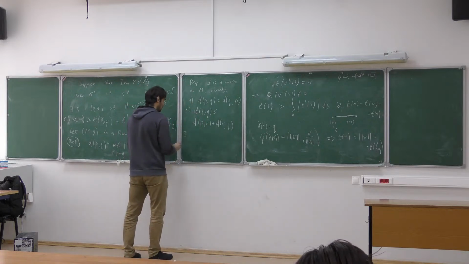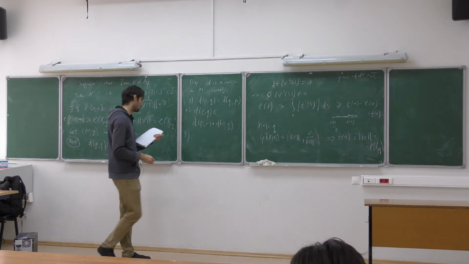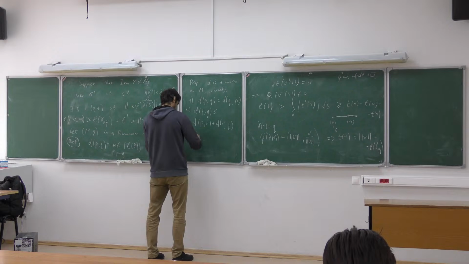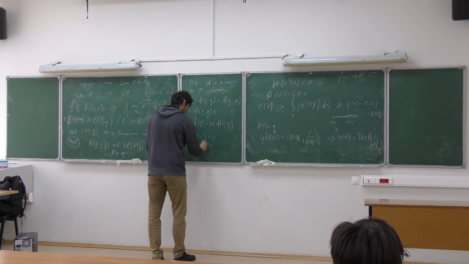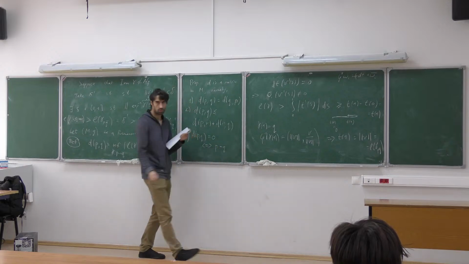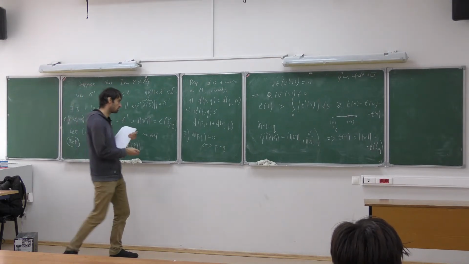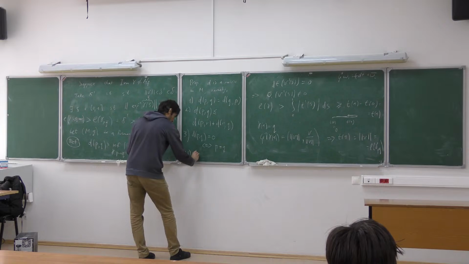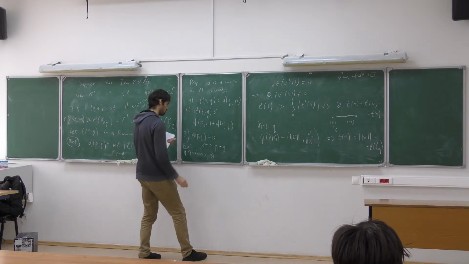And the third one follows from the theorem that we just proved: d of PQ is 0 if and only if P equals Q. So 1 and 2 are obvious, and 3 follows from the theorem.